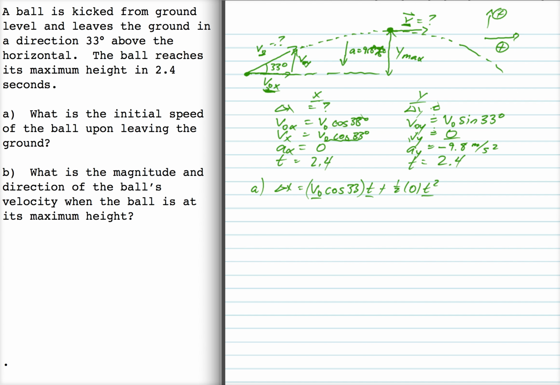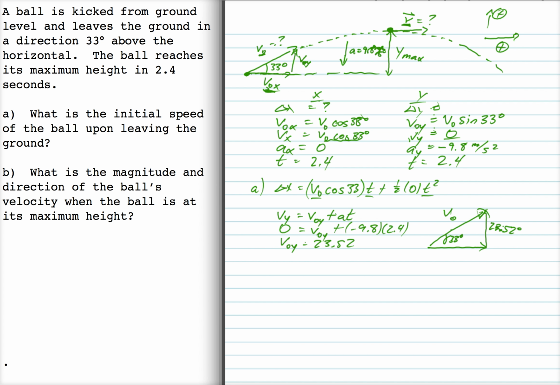Let me try to find v0 y. So I know that vy is equal to v0 y plus at, and therefore, if 0 is equal to v0 y plus at, therefore v naught y is 23.52. So in my initial velocity triangle, which looks like this, I know that this side is 23.52.